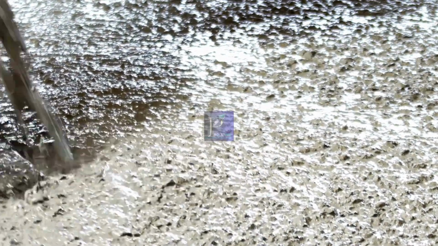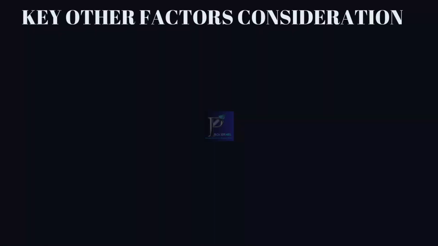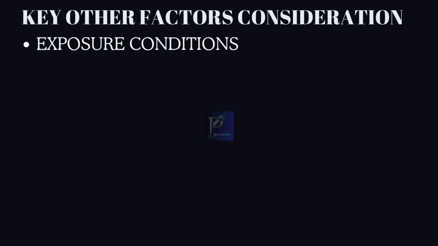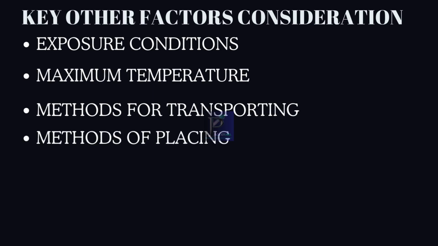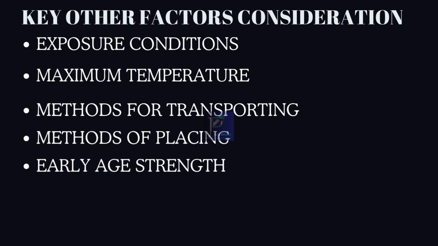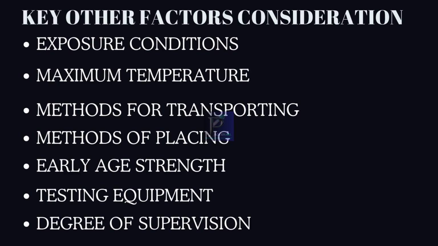The other characteristics are to be considered as per the standards or exposure conditions that are given in Tables 4, 5 in the IS 456. Maximum temperature of concrete during placement, methods for transporting and placing concrete, early age strength requirements if applicable, testing equipment requirements like compressive testing machines, thermometer, slump cone, etc.